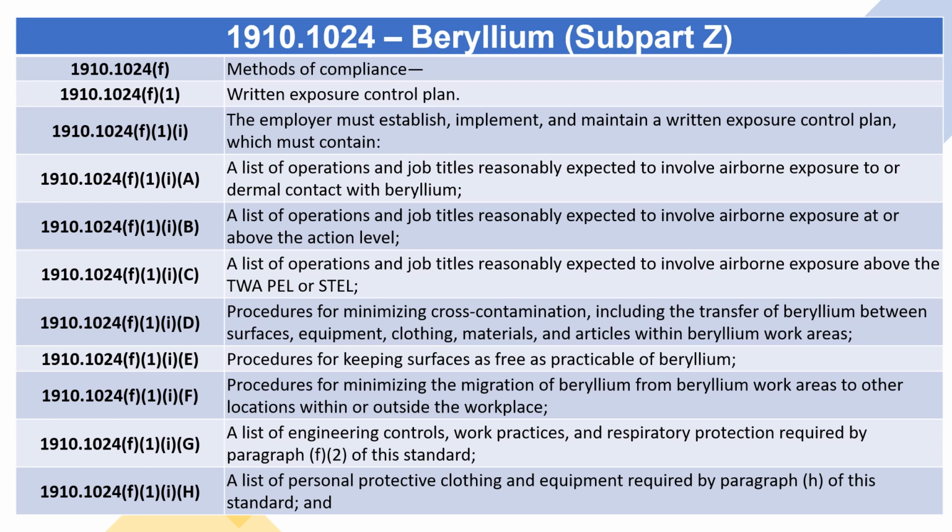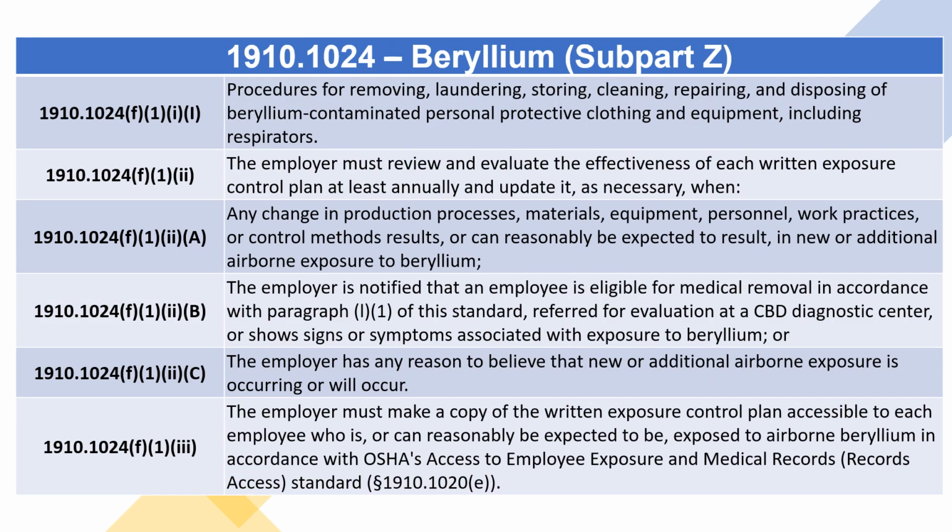A list of personal protective clothing and equipment required by paragraph H of this standard. And procedures for removing, laundering, storing, cleaning, repairing, and disposing of beryllium-contaminated personal protective clothing and equipment, including respirators.